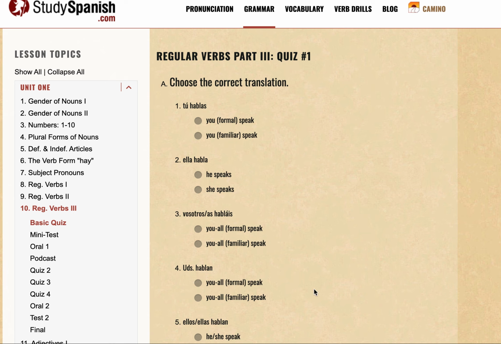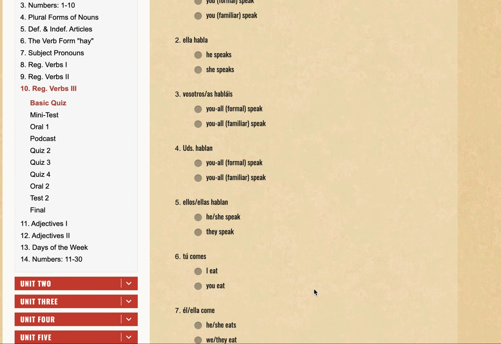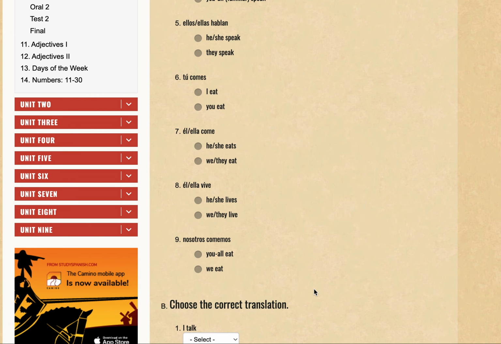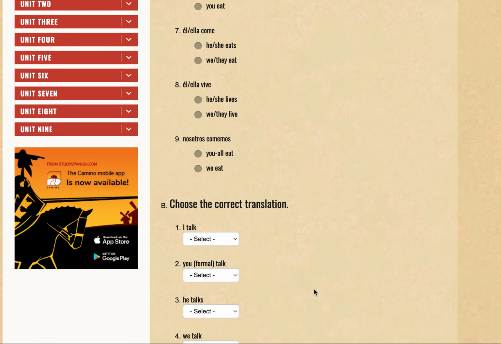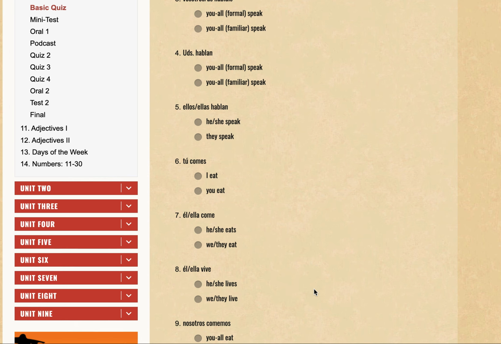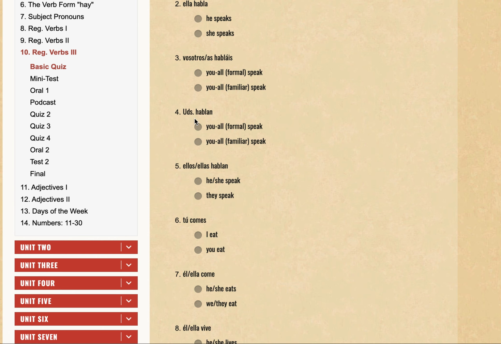And so far, what we have learned is, for instance, UDS is short for Ustedes, and UD would be Usted.